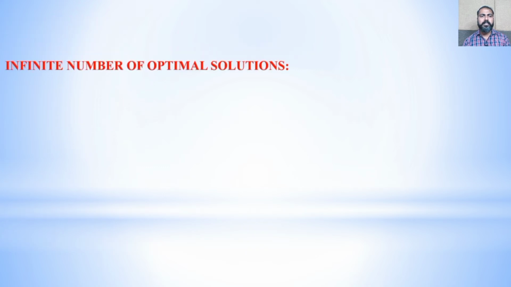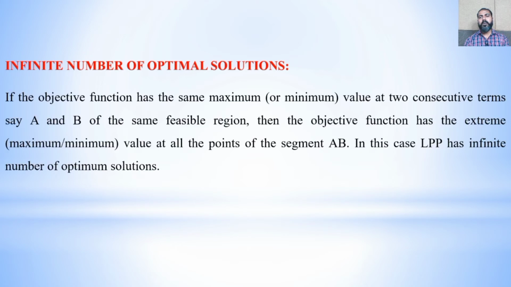There is one case of solution of LPP: infinite number of optimal solutions. If the objective function has the same maximum or minimum value at 2 consecutive vertices, say A and B, of the same feasible region, then the objective function has the extreme, that is maximum or minimum value, at all the points of the segment AB.